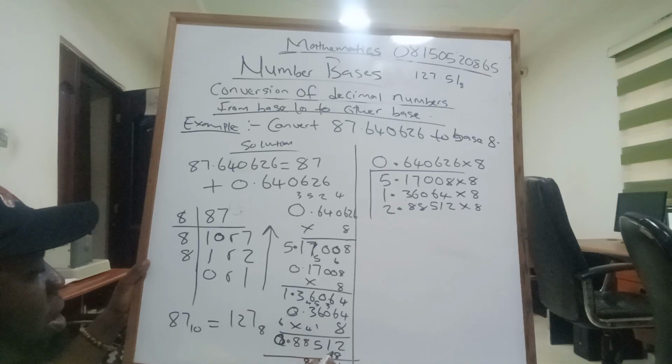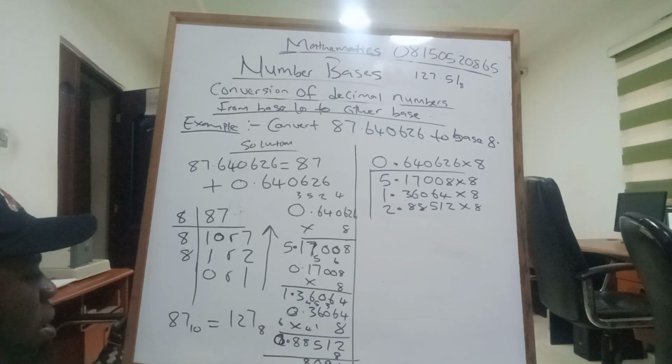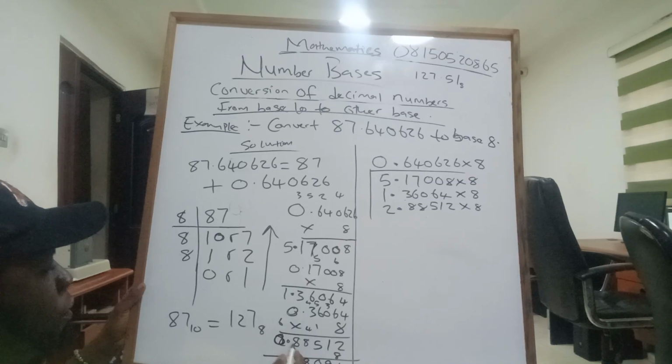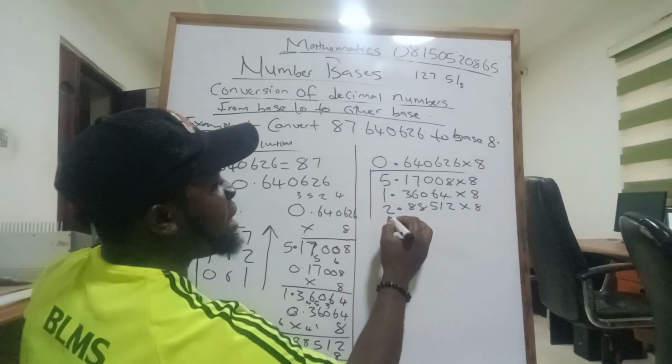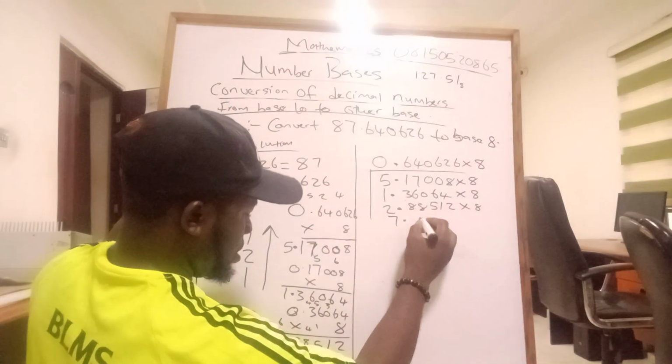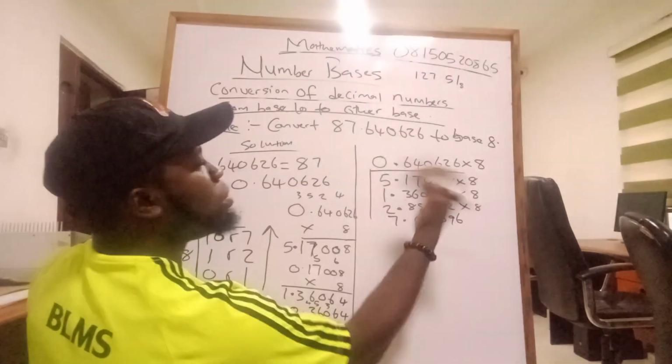We keep 6. 8 times 8 is 64 again. 64 plus 6 gives us what? 70. So we have 0. We have 7. So we have 7.08096. So I will just stop here.